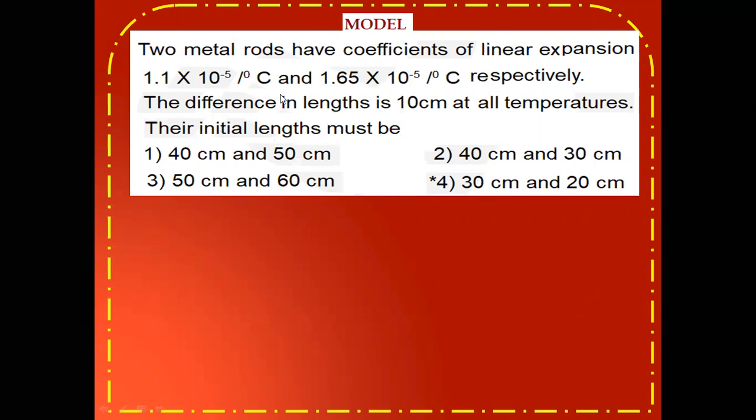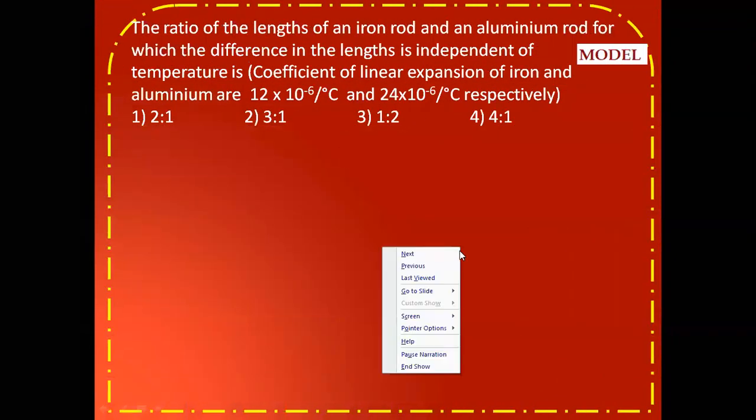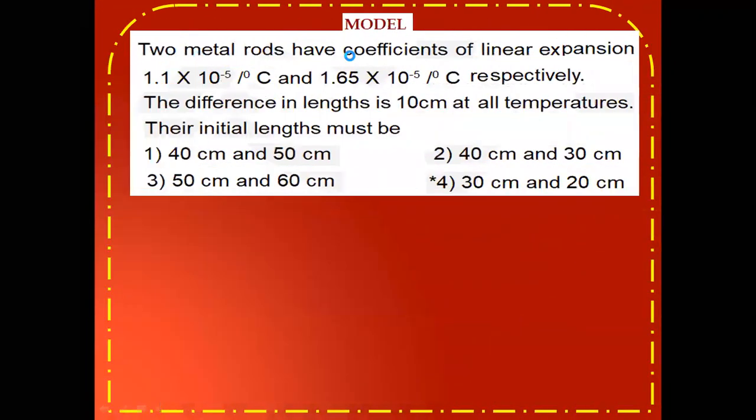Two metal rods have coefficients of linear expansion 1.1 into 10 power minus 5 per degree Celsius and 1.65 into 10 power minus 5 per degree Celsius respectively.